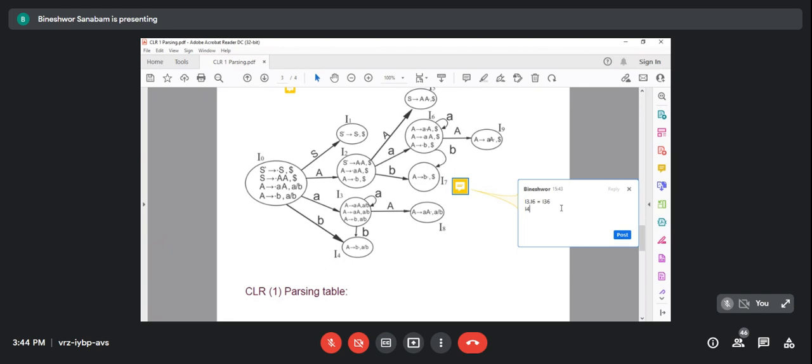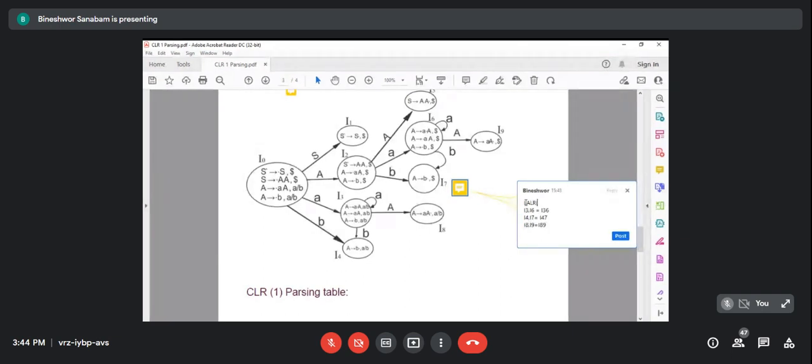So I4 and I7 are equal, so they will be grouped as I47. Similarly, I8 and I9 are equal, so they will group up as I89. This will be in LALR1 parsing.